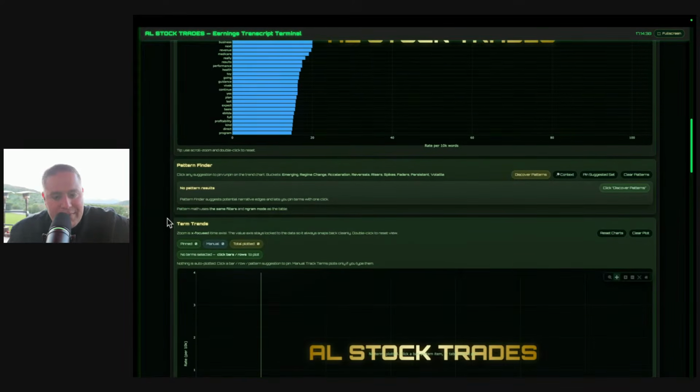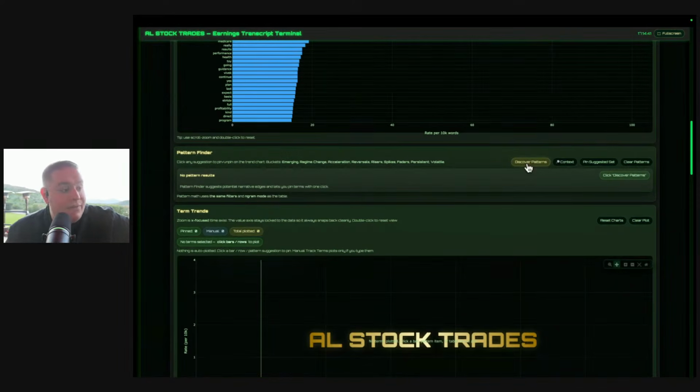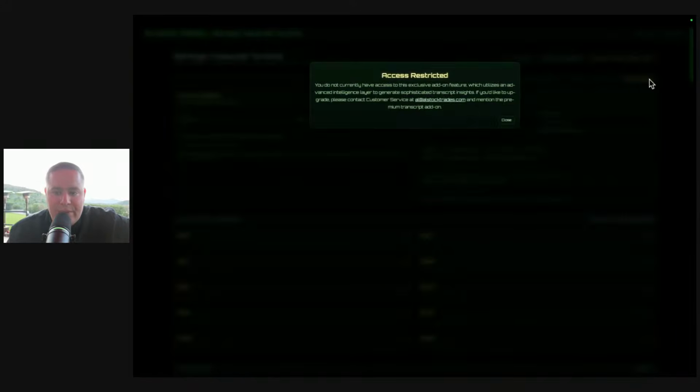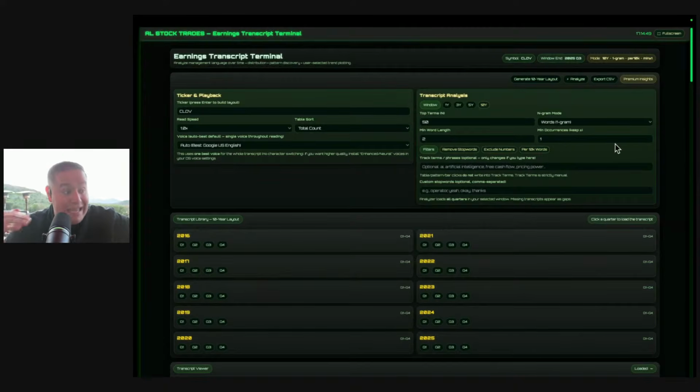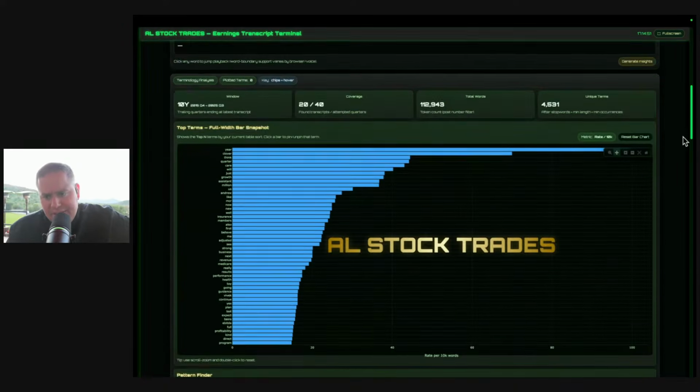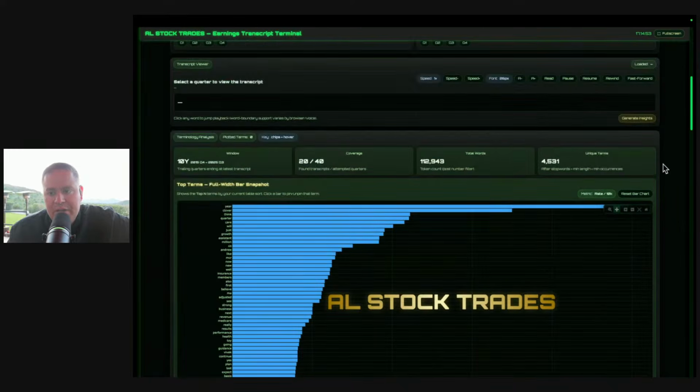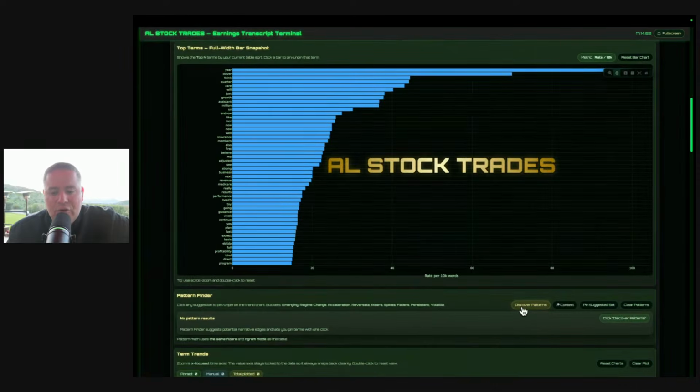But really what's amazing is there's something called Discover Patterns, okay? Now, of course, for members, if you want to get premium insights, this is an extra upgrade for even higher intelligence. But I would say this is pretty good intelligence when you click this button here. This is Discover Patterns.